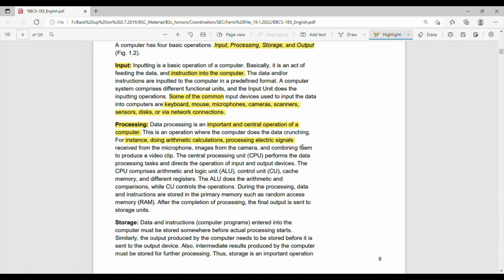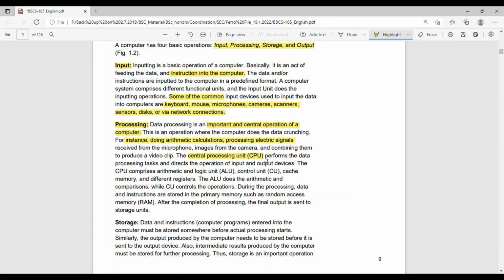The processing unit of the computer is the CPU, Central Processing Unit. The Central Processing Unit processes all the instructions given by the user, and then it gives the output. Since we are not dealing with hardcore computer science here, I am not going into the details of all the processing methods.